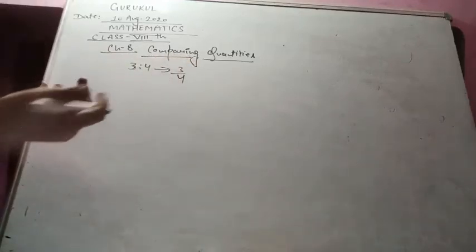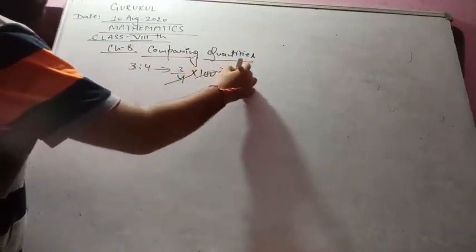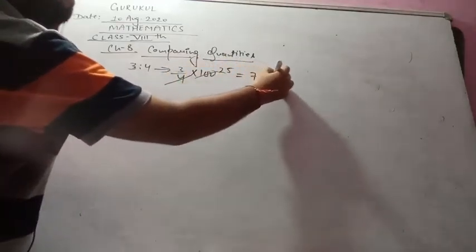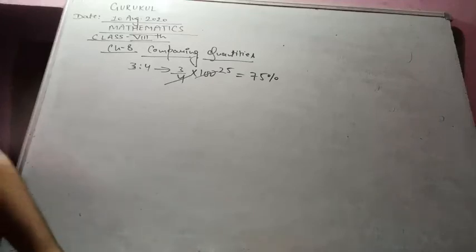That's really easy. That will be 3/4. If we have to convert it into a percentage, then we multiply it by 100. So 4 into 25 is 100, 25 threes are 75%. This is how we convert a ratio into a fraction, and then a fraction into a percentage. You are all familiar with this.